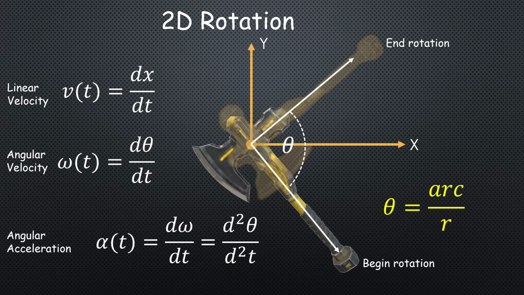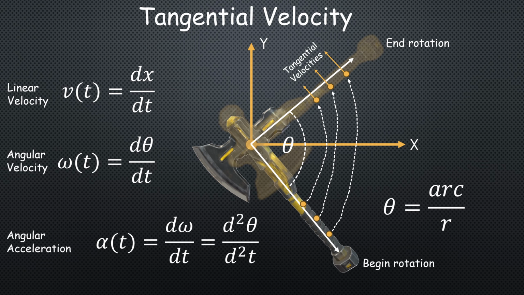When the object rotates around its center of mass, all the particles it is composed of rotate along with it. For any given point on the object, the tangential velocity is the part of that point's velocity which is perpendicular to the radius at that point. It represents how fast that point is moving due to the object's rotation.